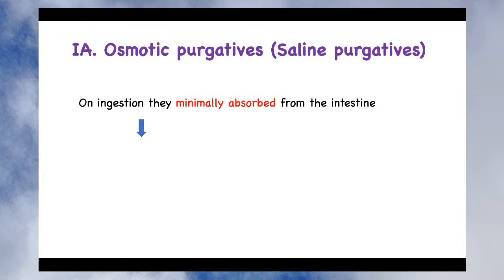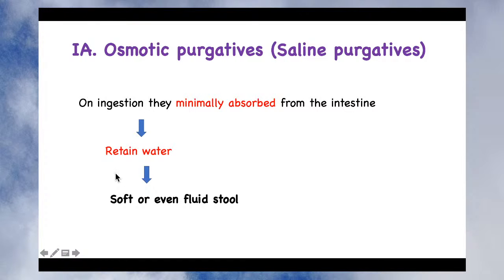So these purgatives, on ingestion, are minimally absorbed from the intestine and they retain water. Since they are not absorbed, they remain only in the intestine, and due to their osmotic action they retain water.